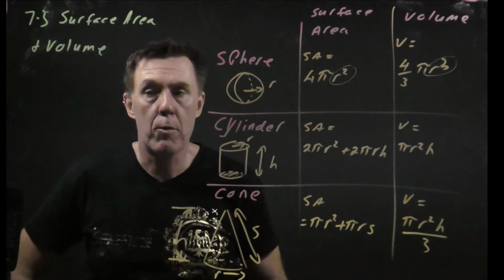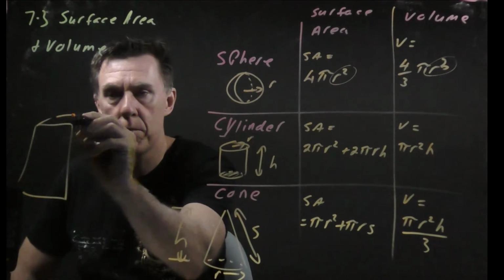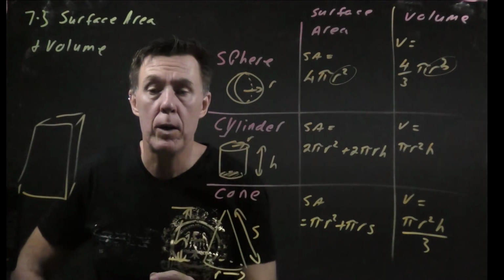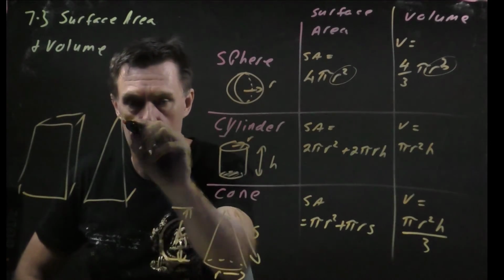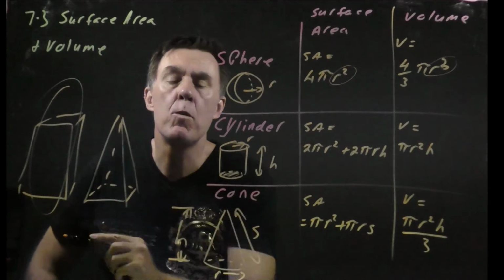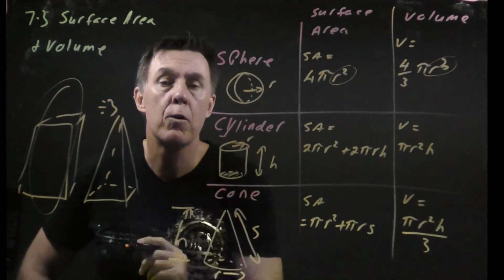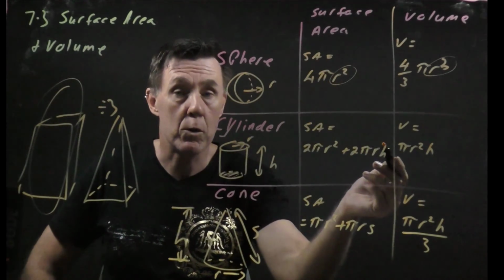So if you have any sort of a prism, rectangular prism, if I were to cut it to a pyramid, just use exactly the same formula that you did for that, and then divide by 3. So there's your surface area and volume formulas that you need to know about.